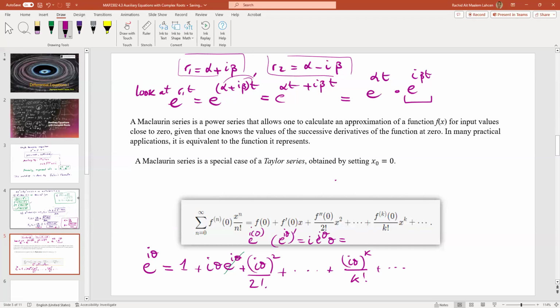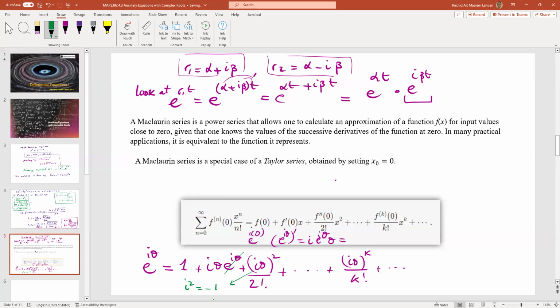But here, as you see, you have terms that have i, and terms that don't have i. For example, 1 doesn't have i, then you'll say, oh, this has i, but this is i squared, it's -1. So i to the 4th is going to be 1, right? But i cubed is going to be -i.